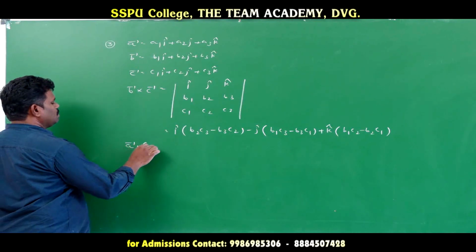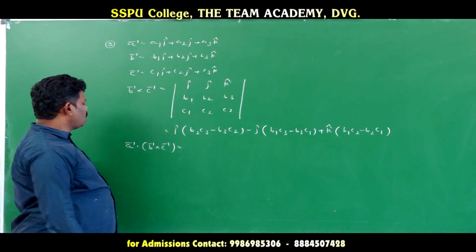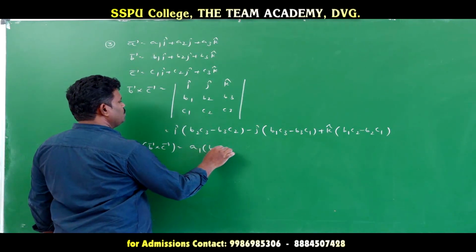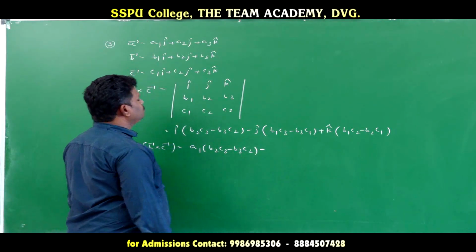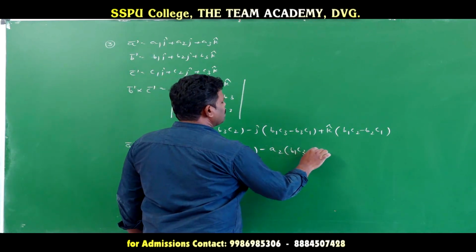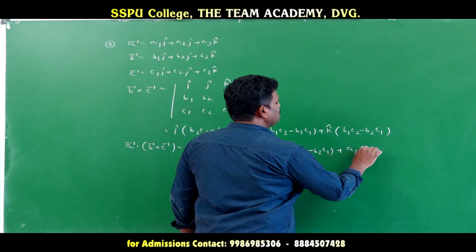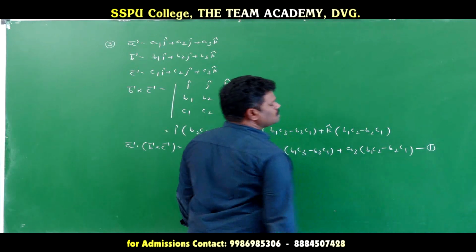A bar dot B bar cross C bar is equal to A1 into B2 C3 minus B3 C2, minus A2 into B1 C3 minus B3 C1, plus A3 into B1 C2 minus B2 C1. So this is equation 1.